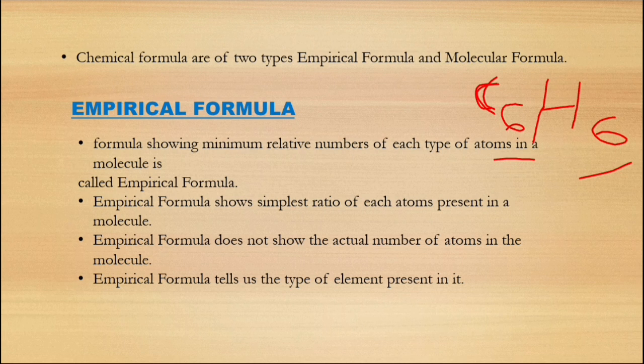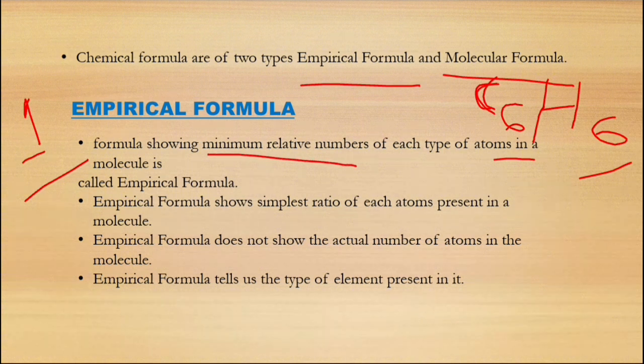Now, there are two types of chemical formula. Number one, empirical formula, and number two, molecular formula. The first type is the empirical formula. The empirical formula shows the minimum relative number of each type of atom.